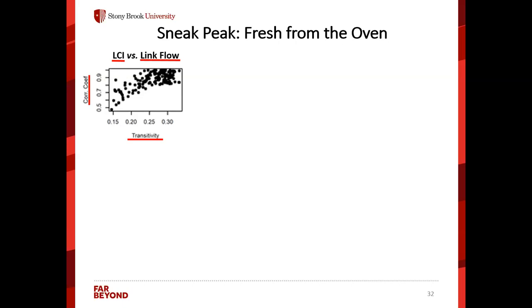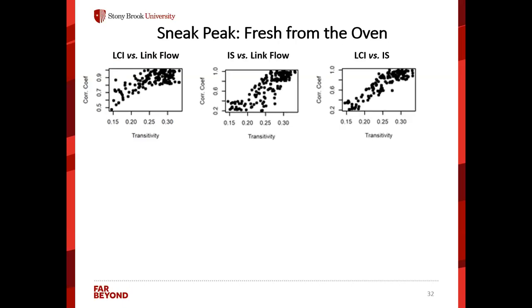As transitivity increases, each dot shows the correlation between LCI ranking and link flow ranking for a network. So each dot is a different network with a different transitivity value, and the correlation coefficient differs between LCI and link flow. And we did it for other measures as well.